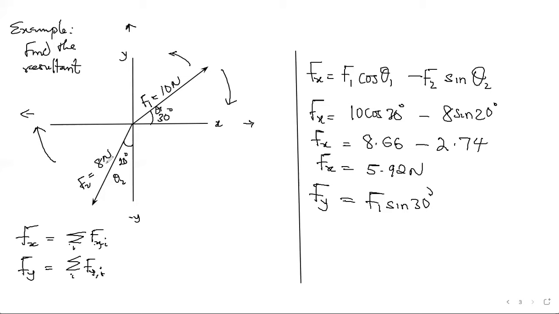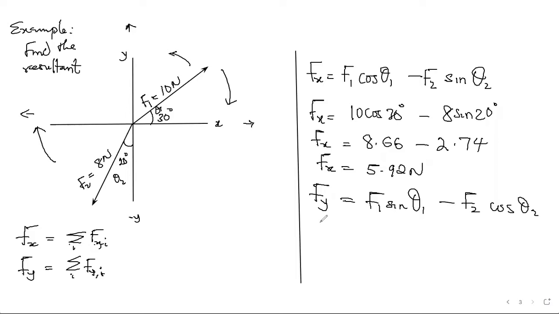And for this, it's going to be minus F2 cos theta 2. So let me put the angle here, sine theta 1. This is negative because this arrow will point towards the negative y. So that's why it's negative here.